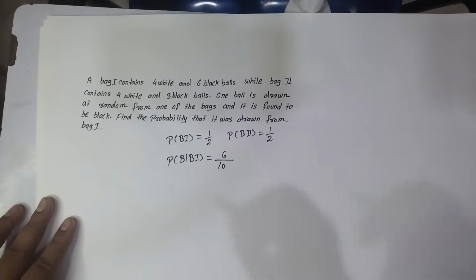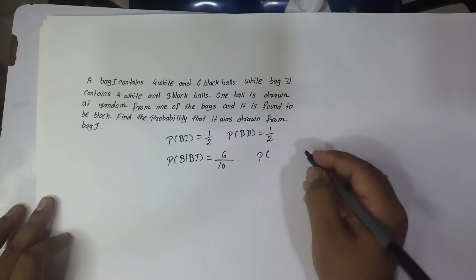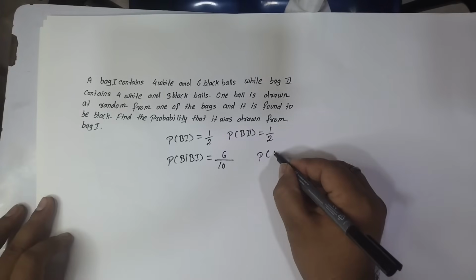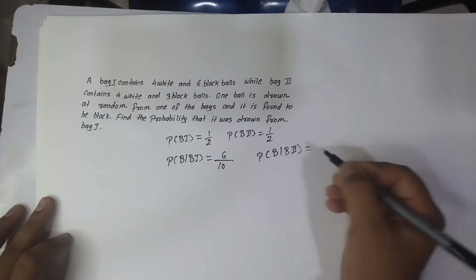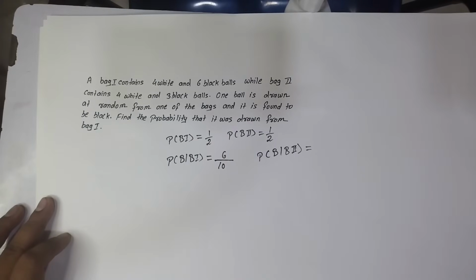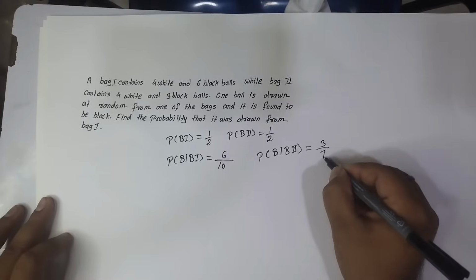So, probability of a black ball from bag 1 will be 6 by 10. And the probability of a black ball from bag 2 will be 3 by 7.